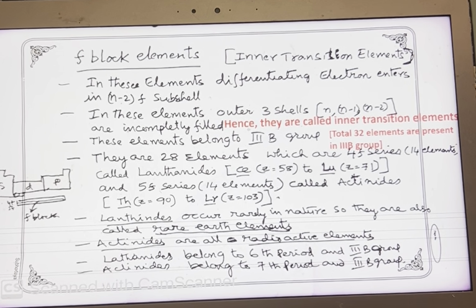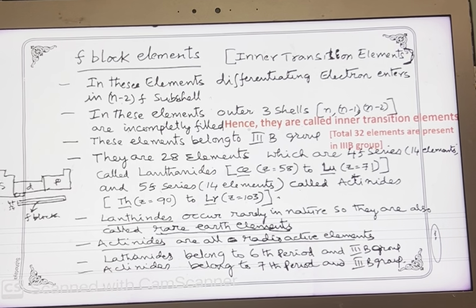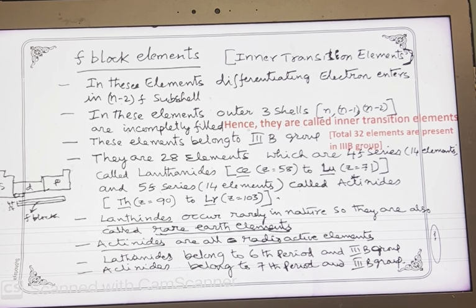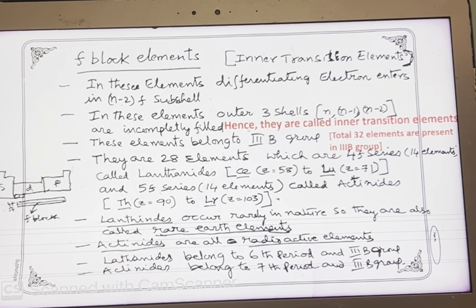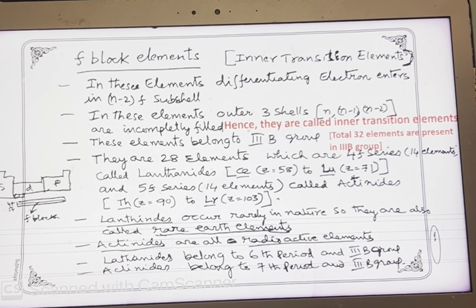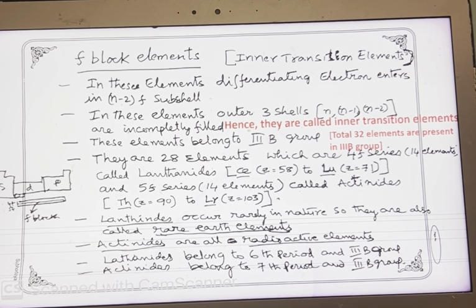So a total of 32 elements are present in the third B group, which is the longest group. If anybody asks how many elements are in that group, you can say 32, in which the f block elements are also present.